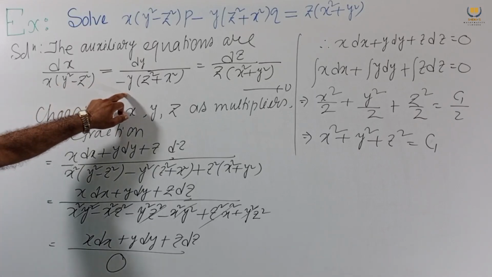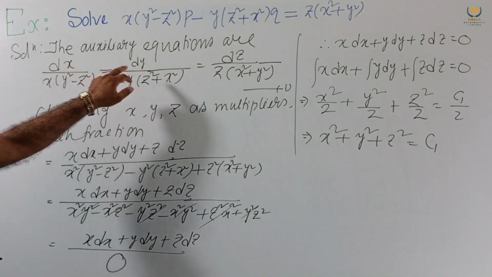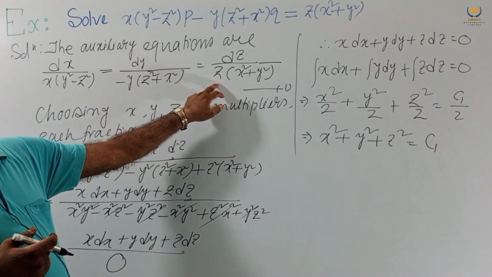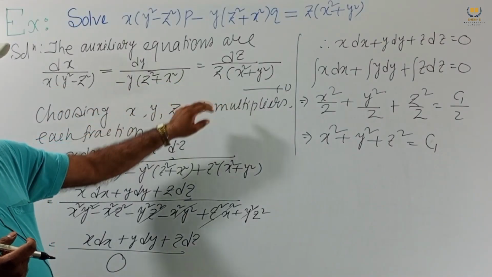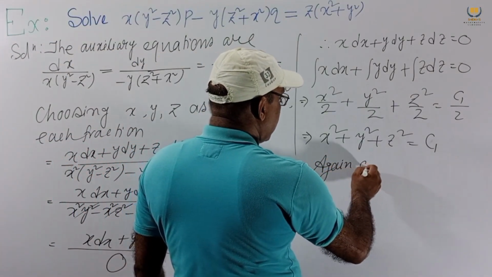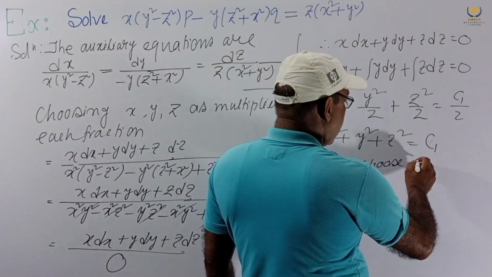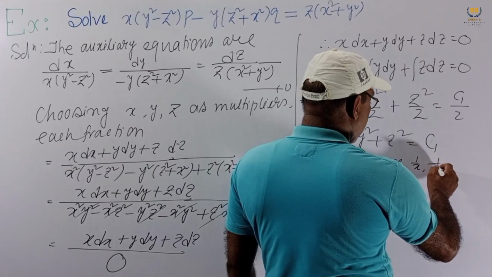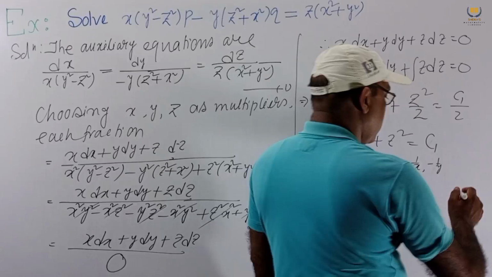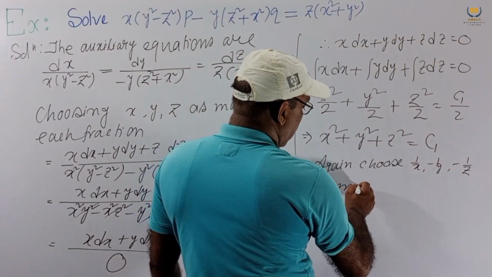Next again we have to find 0. If this x, this y, this z is cancelled, because the other terms are squares, x square, y square, z square, then ultimately we get the denominator will be 0. Again choosing 1 by x, minus 1 by y, minus 1 by z as multipliers.